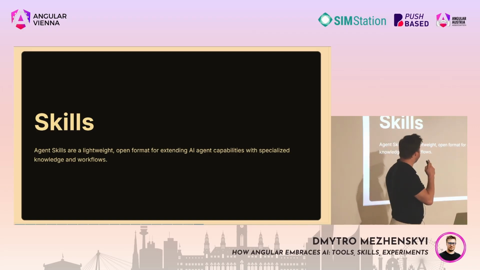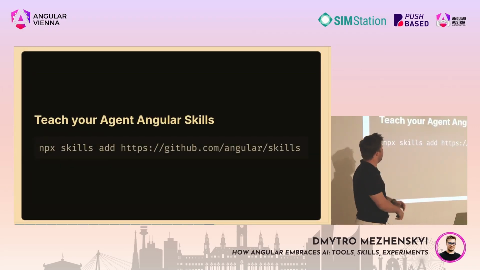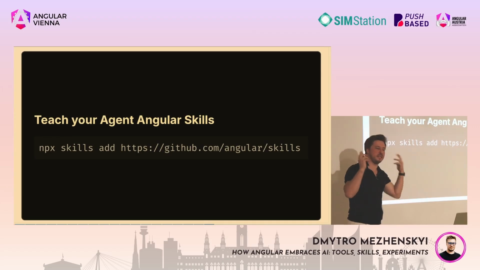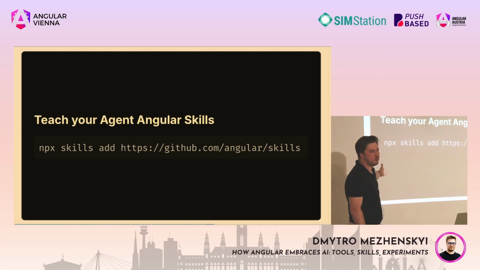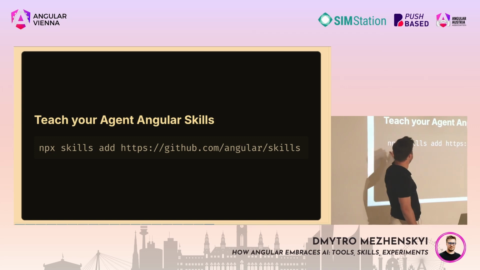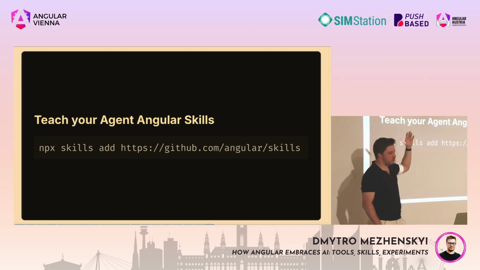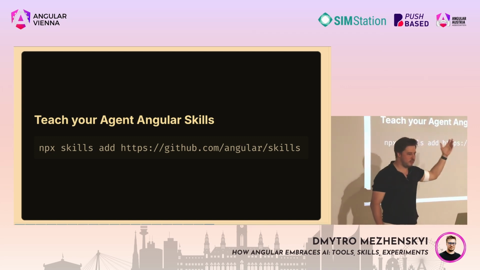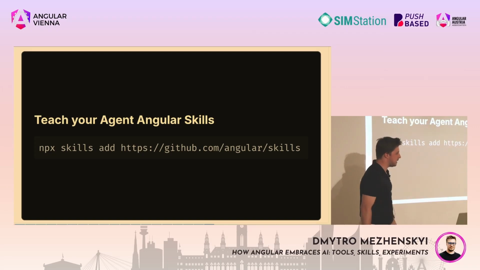And in Angular, we also have skills developed, provided and maintained by the Angular core team that you can simply install in your project or globally for yourself using this simple command. You can also use a skill flag to define which exact skill you want.